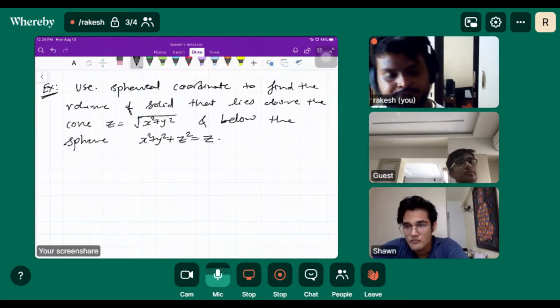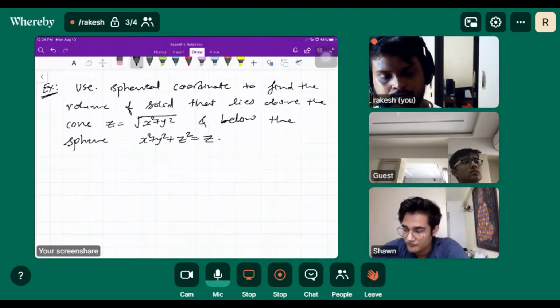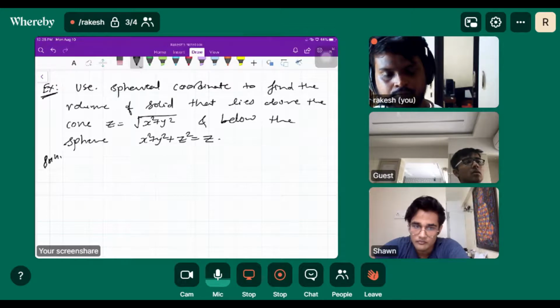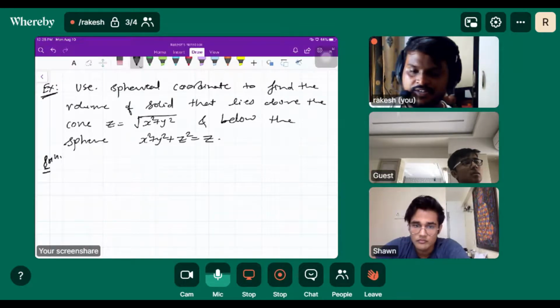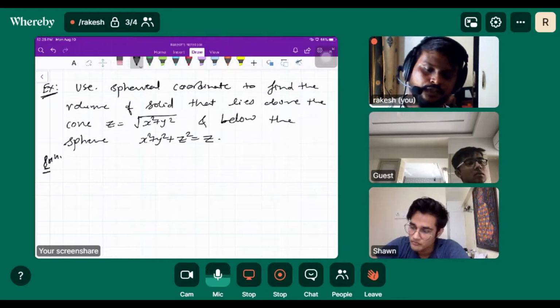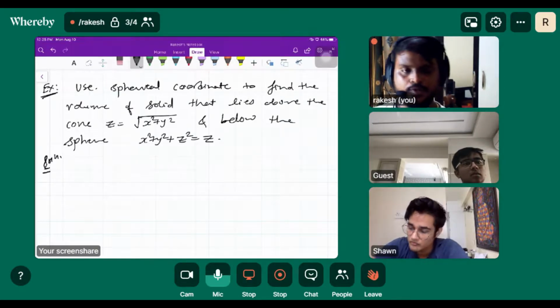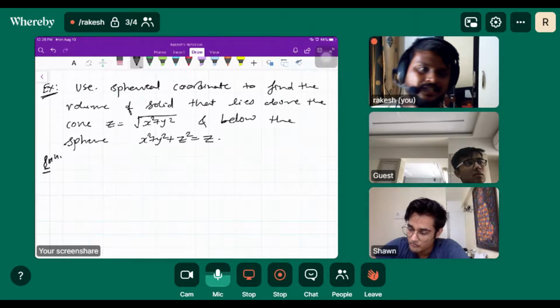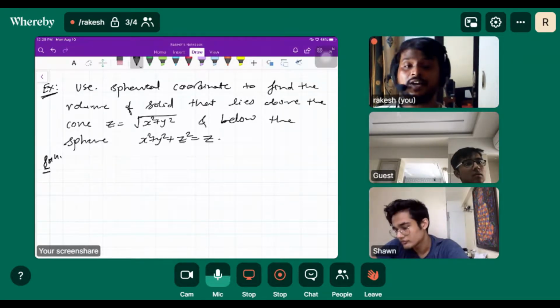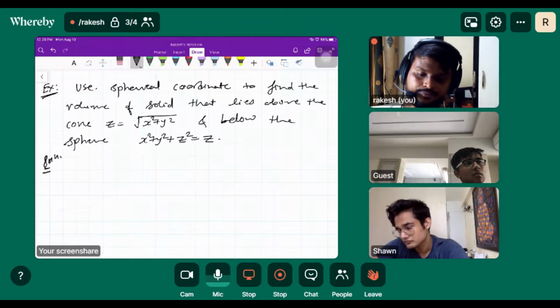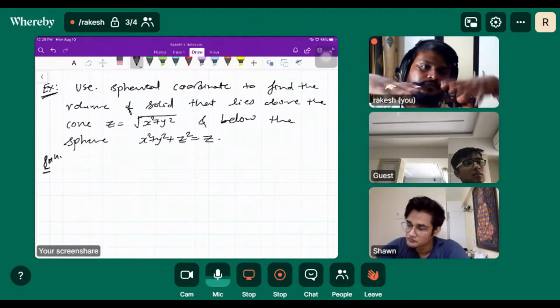Please do this. The very first step is to find rho simple. Find the lower and upper limits for rho and phi by setting x equal to 0, and find the range of theta by considering the level curve.